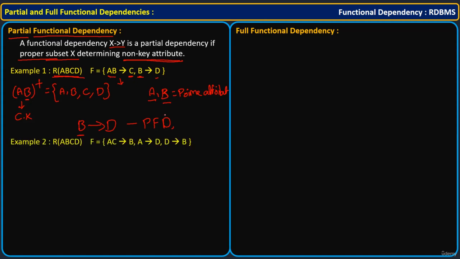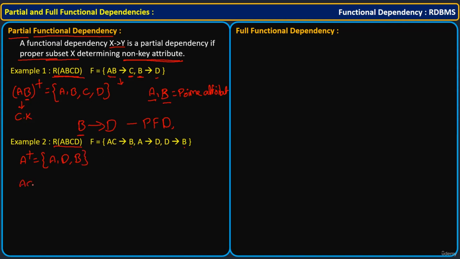Now let us take one more simple example. Here also we have 4 attributes in a relation, with AC deriving B, A deriving D, D deriving B. So what may be the key? A is not there in the RHS part. If you find the A closure, A and A deriving D, D deriving B. Okay, so this is not possible, since C is also there.